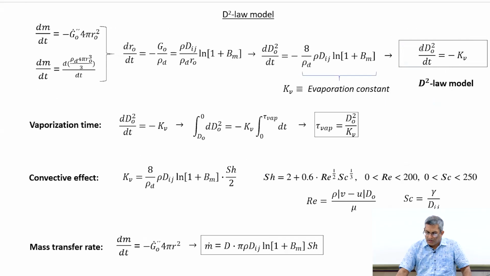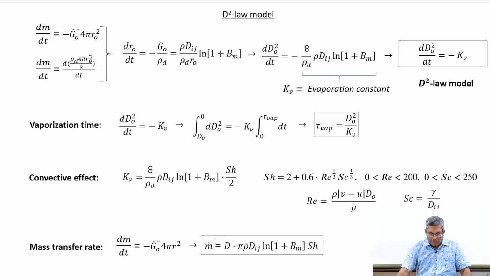Then we could derive this expression, which tells us that the rate of change of surface area of a droplet is basically a constant. That is the essence of this model. From there we can calculate the vaporization time, and then we can account for the convective effect as well, by incorporating another model where we account for the increase in the vaporization rate due to convection through this term that includes the Sherwood number, which is analogous to the Nusselt number in heat transfer.